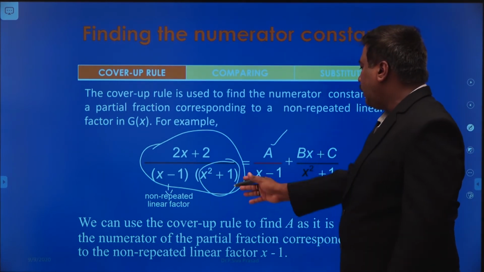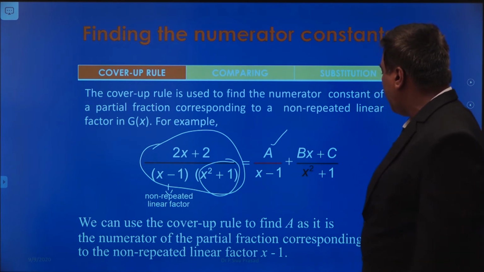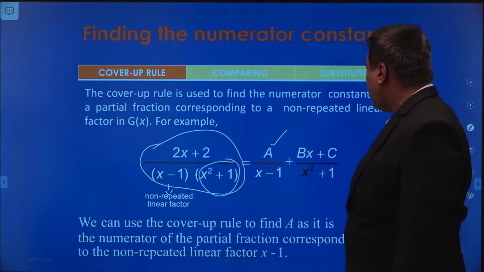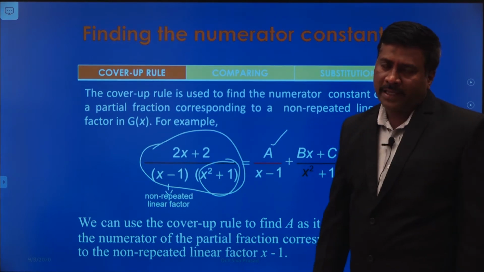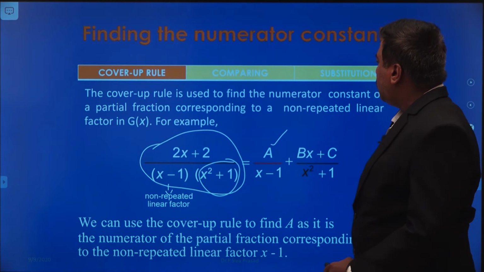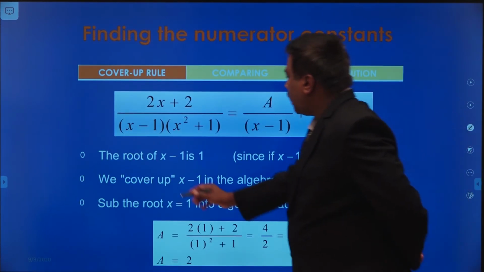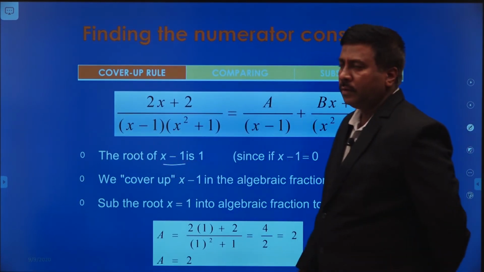Now, we can use the cover up rule to find the constant A, as it is the numerator of the partial fraction corresponding to the non-repeated linear factor x minus 1. So here the root is x minus 1 equal to 0.